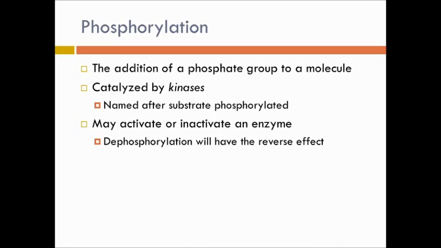Sometimes the kinase will be named after the product if this is in a reversible reaction. Phosphorylation may activate or inactivate an enzyme, it depends, but regardless, dephosphorylation of the same molecule will have the reverse effect of the phosphorylation.